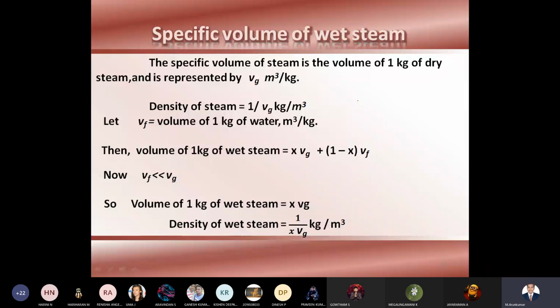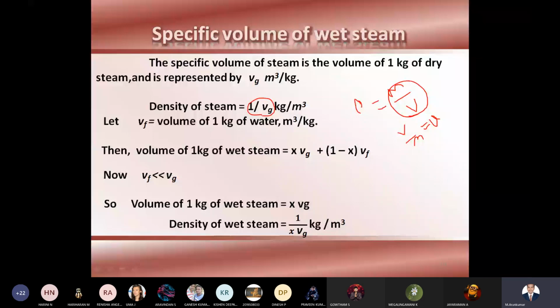Density rho is equal to mass by volume, that we know very well. V by m equal to small v, right? So that is the inverse of your specific volume, so the density is equal to the inverse of small v.